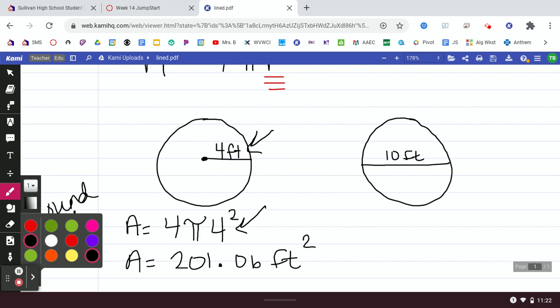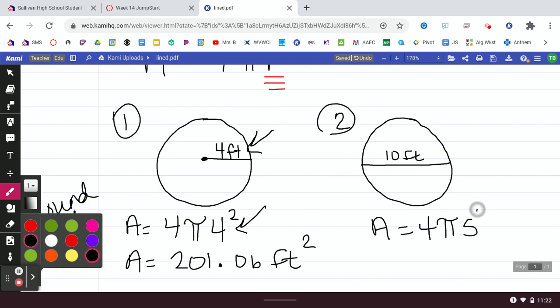Now, if you have one like the second example, we'll make this example 1 and this example 2. Again, area equals 4 pi. Now, I'm going to write my radius. You have to be careful here. The information given on example number 2 is the diameter. Exactly. Good. So what would I put next, Cole? Good, 5 squared.